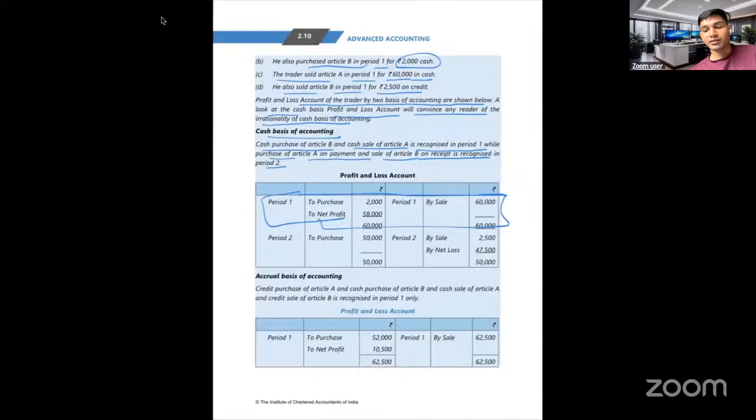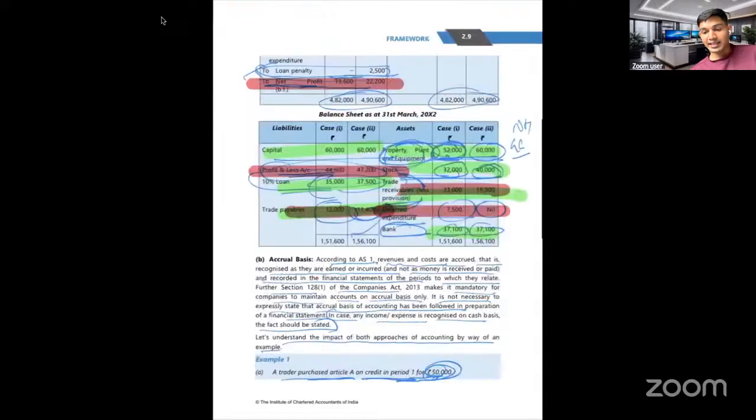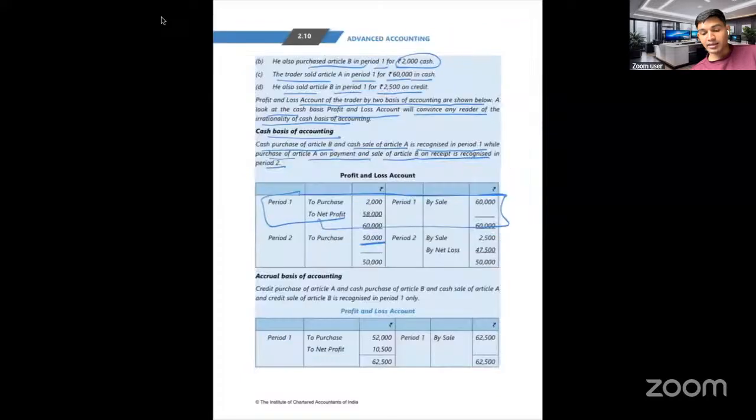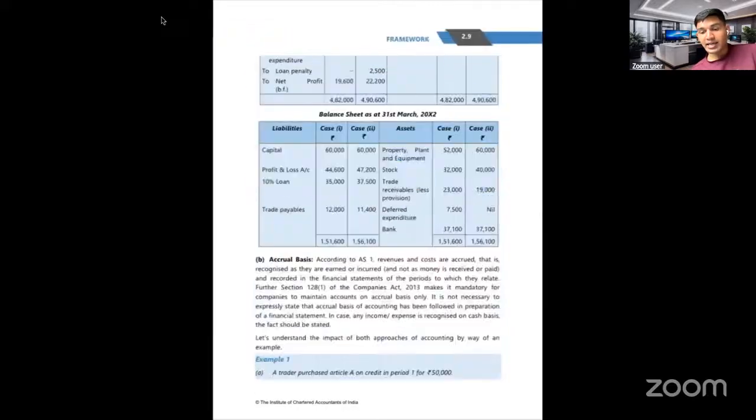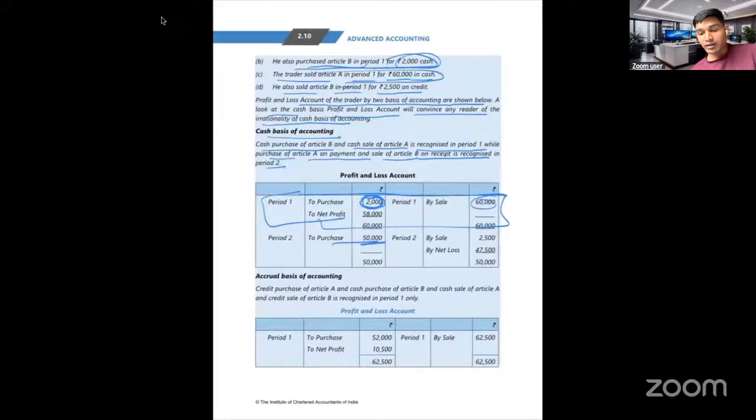So on accrual basis, we have to take it in, and the sale on credit, and also the purchase of an article in cash of 2,000 rupees. So on a cash basis we will take this 2,000, and the cash sale of 60,000.